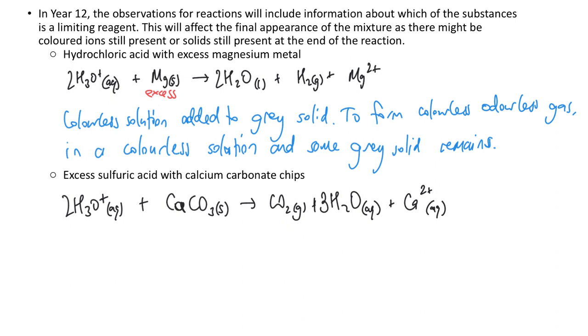Okay, so let's write out the reaction. So sulfuric acid, again, all your acids are colorless solutions, unless you add indicators to it, but we'll get to that later. Right, colorless solutions added to, now this is a white solid because the calcium's not colored, neither is the carbonate.